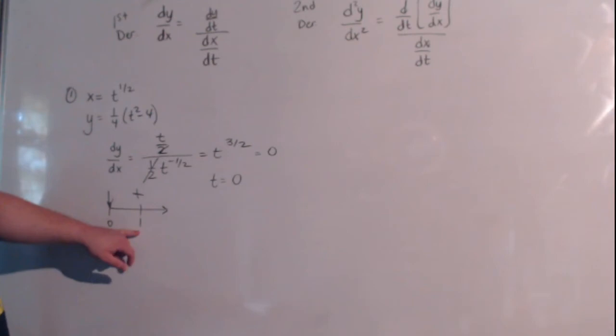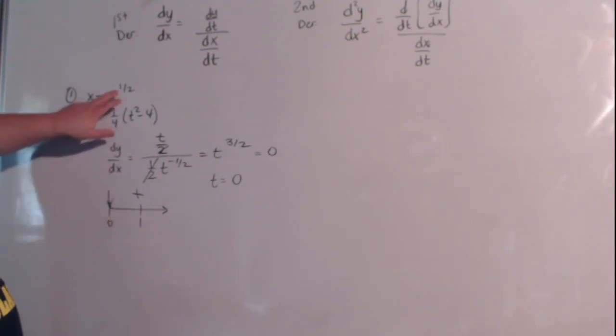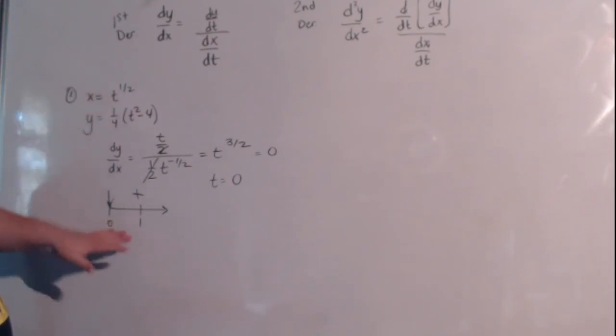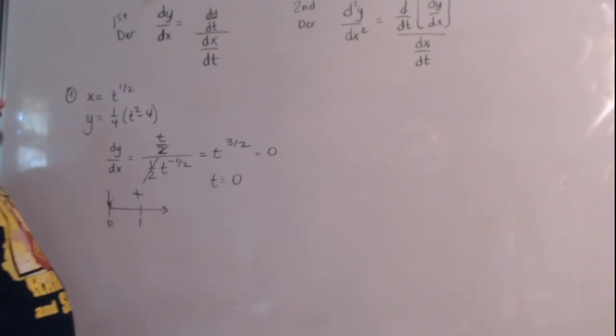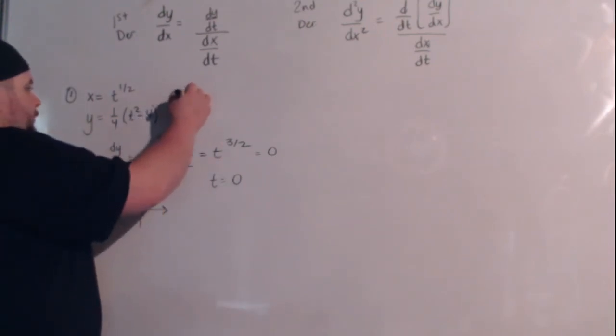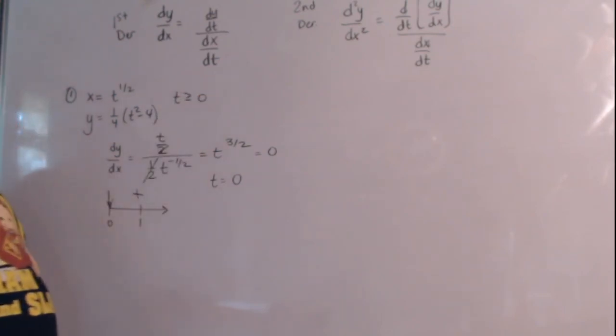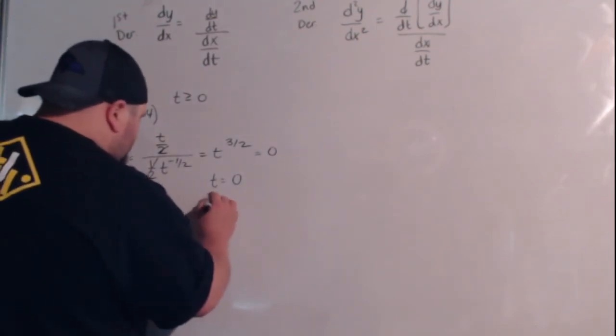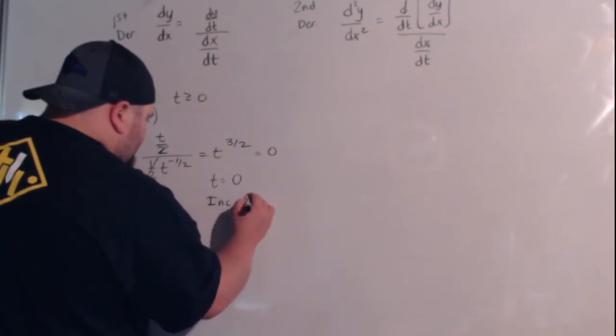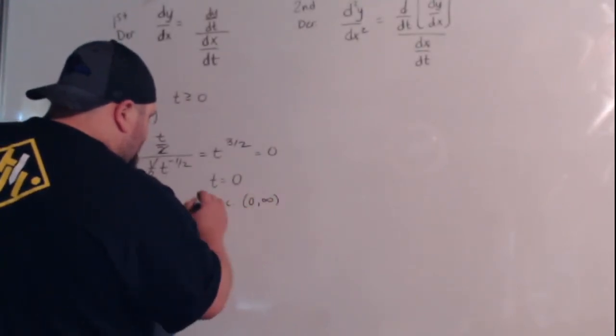And it makes sense that we have to restrict t, right? We've got t to the 1/2 up here. We're not allowed to plug negative numbers into that. So t can't be negative. It has to be greater than 0. So maybe we could just make a note. So if that's positive, that means increasing over the entire interval. So increasing from 0 to infinity.